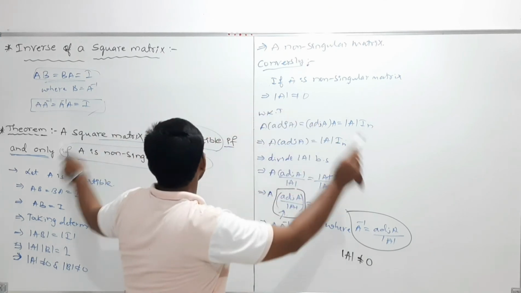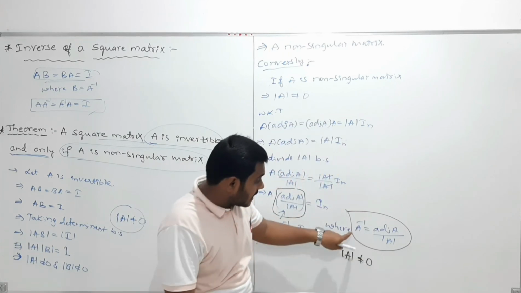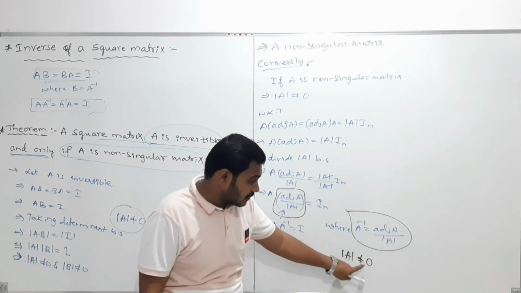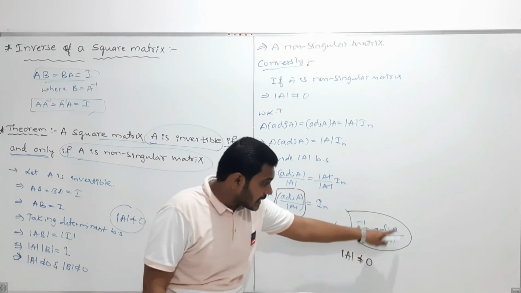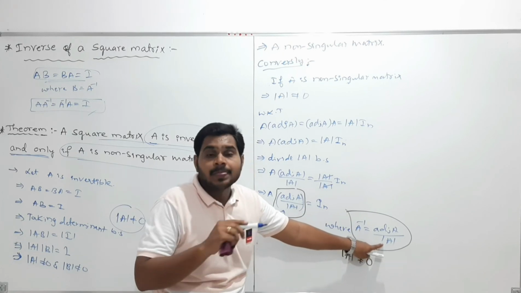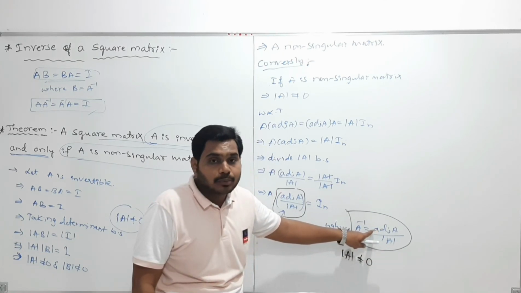So the entire meaning is: A inverse equals adjoint of A divided by determinant of A if and only if determinant of A is not equal to 0. If it is 0, then A inverse is not possible to find.